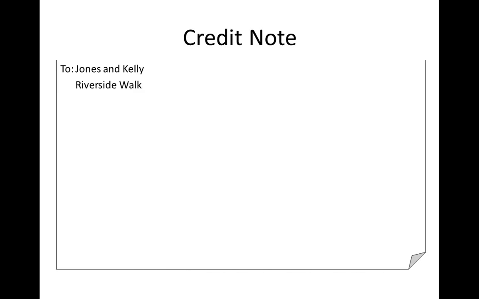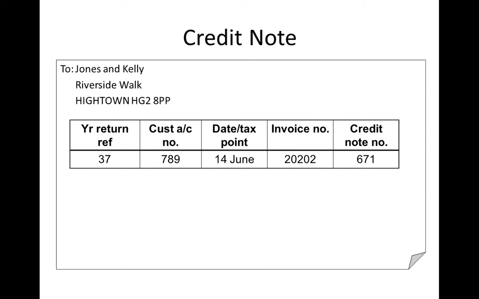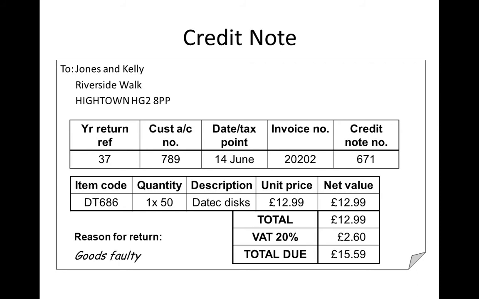Now as we had one box delivered damaged, the customer wouldn't pay for those, so they would expect a credit note. You wouldn't get a refund because when you've received the goods you haven't actually paid, so it would be inappropriate to have a refund when you haven't actually paid anything in the first place. So they would get a credit note. You can see this: goods faulty, credit note for one lot of Daitech discs.